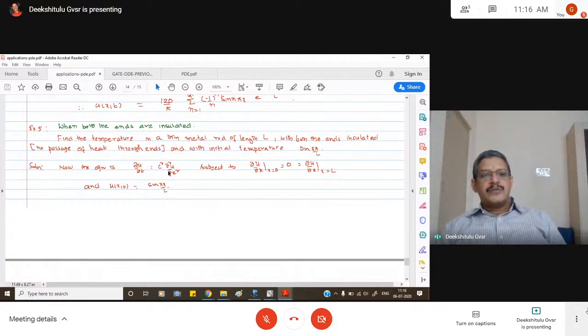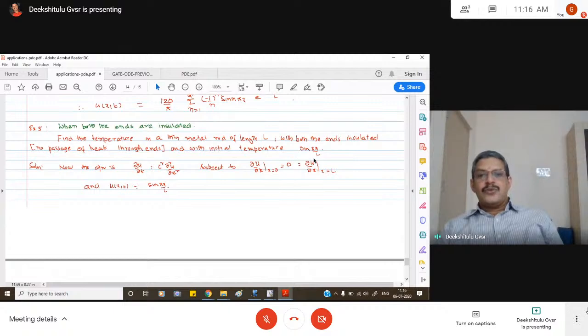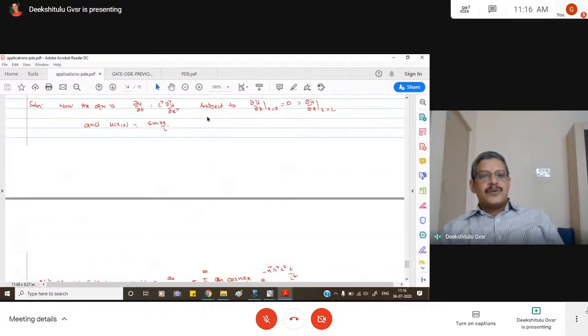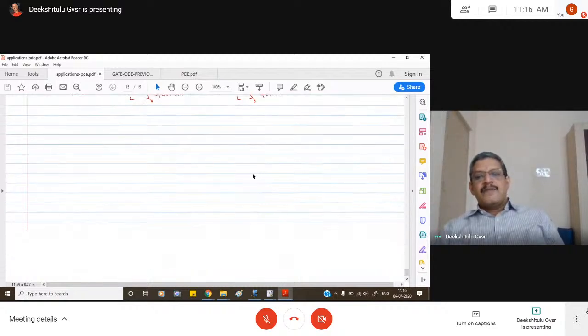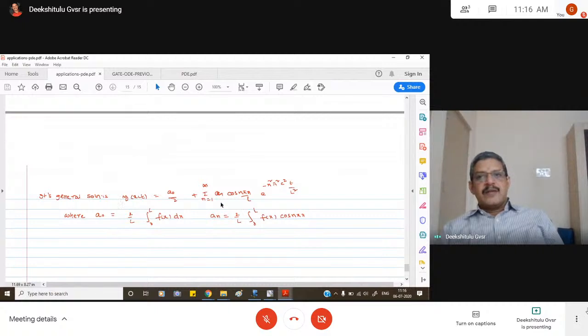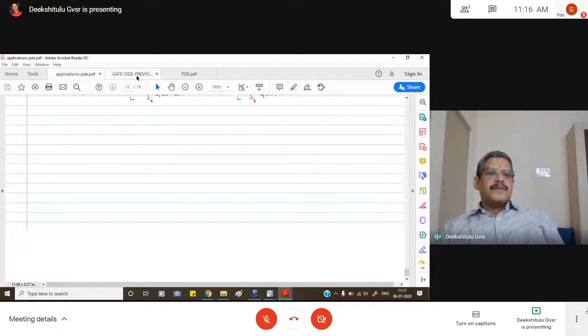So dou u by dou t is equal to c square dou square u by dou x square, subject to the conditions dou u by dou x at x equal to 0 is 0, and dou u by dou x at x equal to L is 0, because the two ends are insulated, that means the flow is not there. And U of x,0 is sin(pi x by L). If you put these things here, this is the final solution; calculate A naught and An. These are some of the applications of partial differential equations.